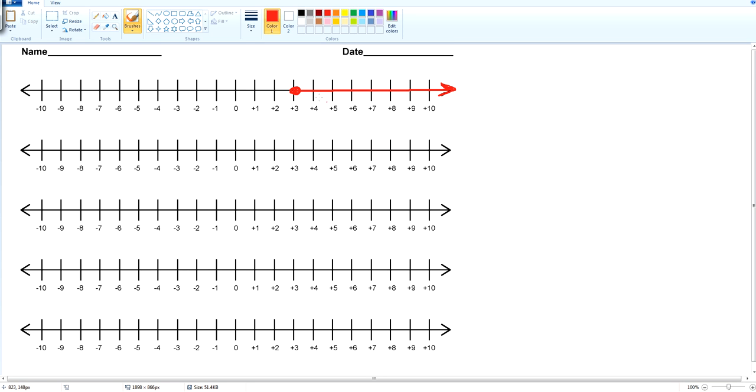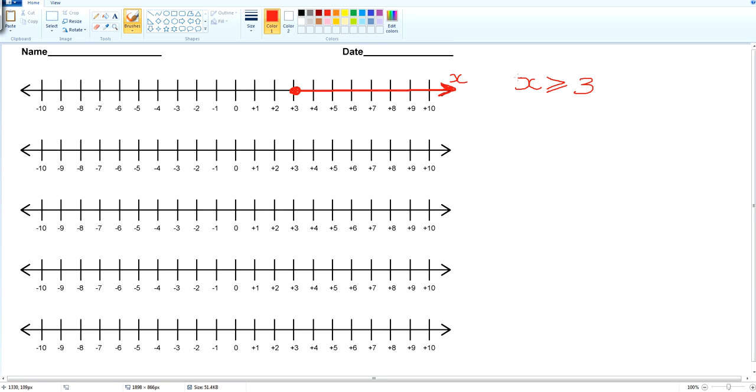If we have a solid blob, solid circle, that means that 3 is part of the answer. This line here represents the x-axis. So we say the inequality is x is greater than or equal to 3 is our solution.